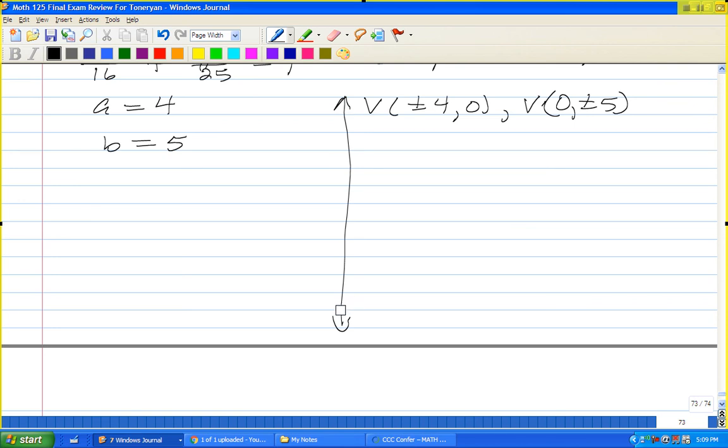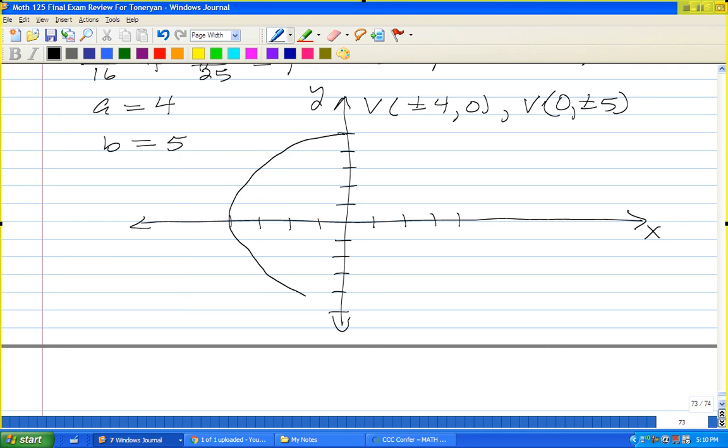Now counting 1, 2, 3, 4, 5 on each axis. It should look something like this.